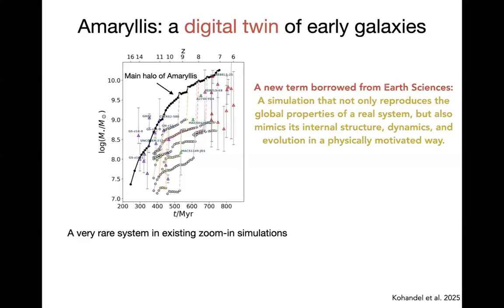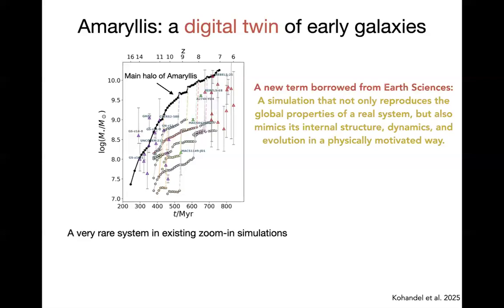And these lines that you can see are other merging companions that on the way join this galaxy, and then they make the galaxy up to redshift 7. These data points are basically the observations at redshift larger than 10 that I was showing you. So strikingly, it is producing the stellar masses of these very massive galaxies at high redshift.